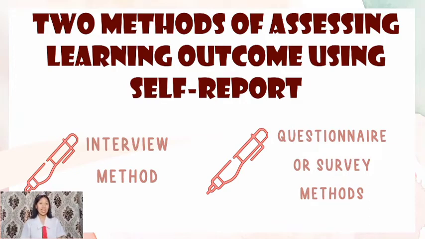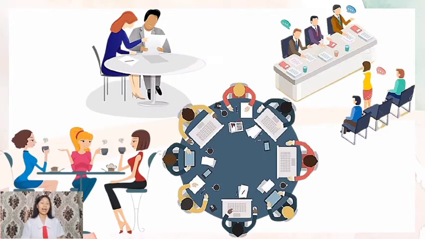This method is time-consuming, but all the time spent is worth it if you gain the trust of your students, since they will eventually share their beliefs or feelings about a certain fact, activity, or situation. Some examples of interview method are casual conversations, individual or group interviews, and roundtable discussions.